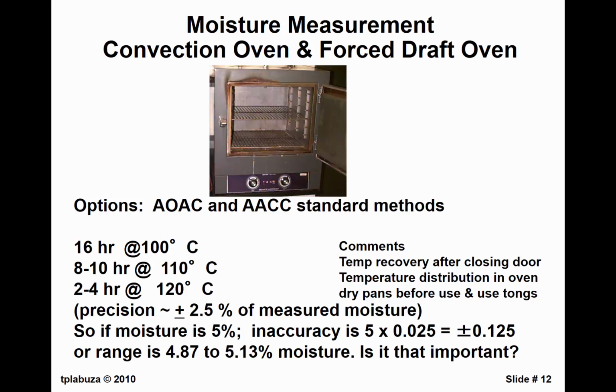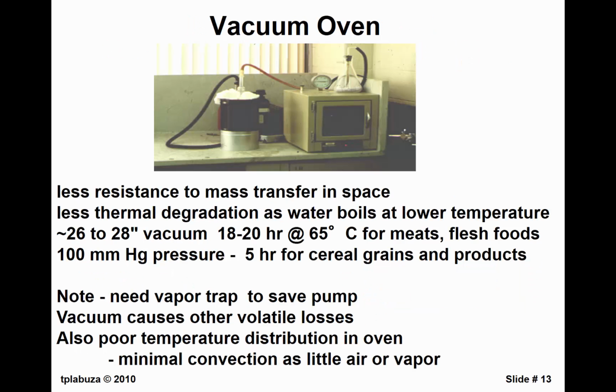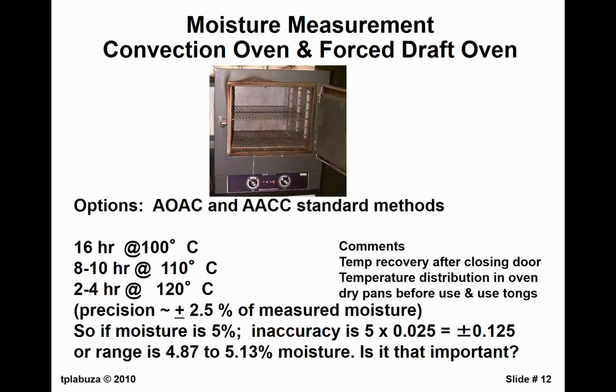And usually they round it up to 1 decimal place, so it would be about 0.2% on there. One of the questions is, okay, if we took this inaccuracy, our measured moisture content would be 4.87 to 5.13. Is that important?